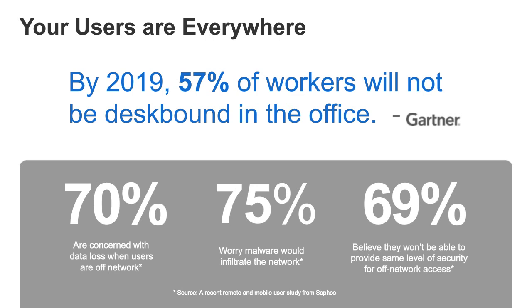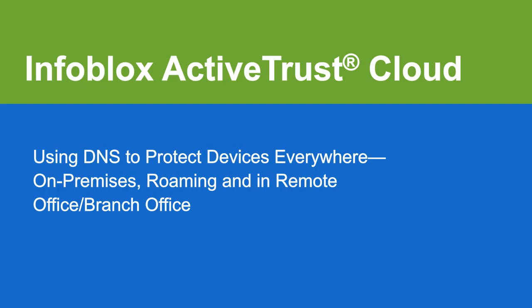One of the ways to do that is by consuming security from the cloud. Using security services that are delivered as a service, you can address that expanded use case of protecting users everywhere without having to deploy infrastructure everywhere, or having to manage all the on-prem infrastructure. So this is a good segue to talk about our Infoblox ActiveTrust Cloud.